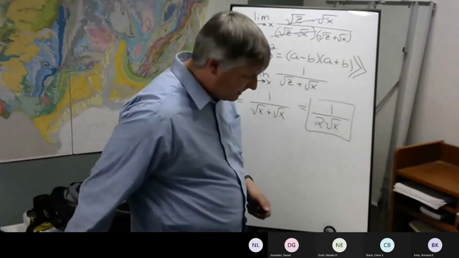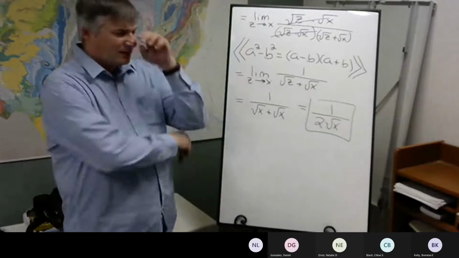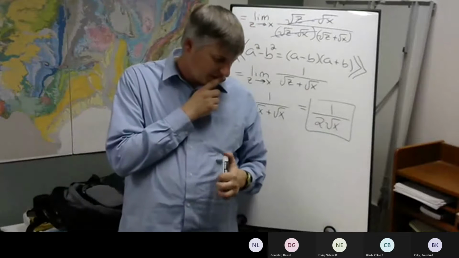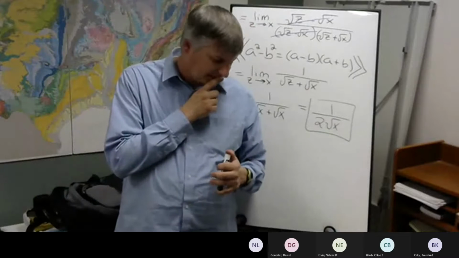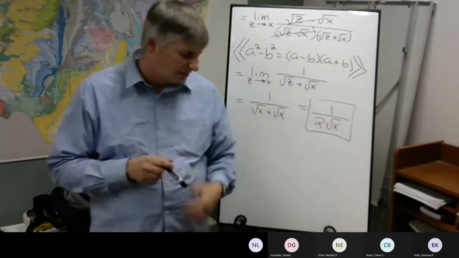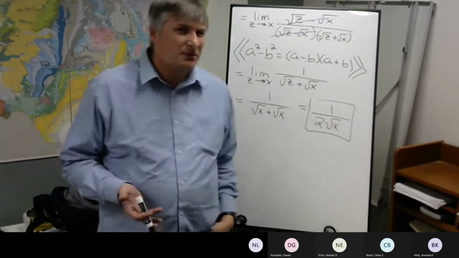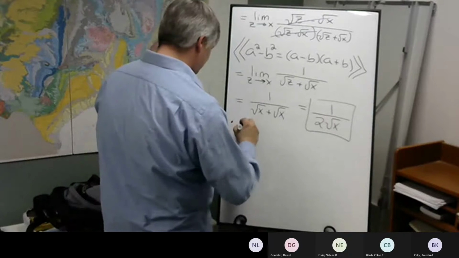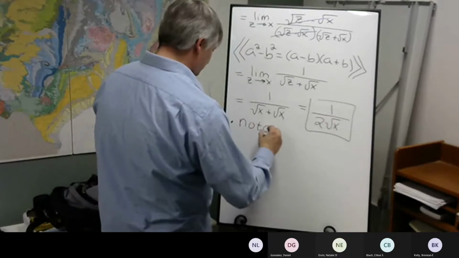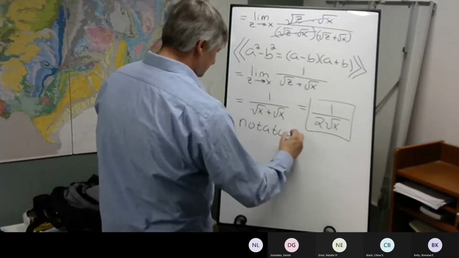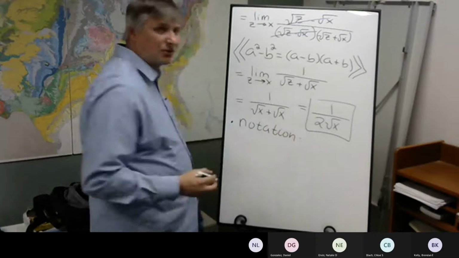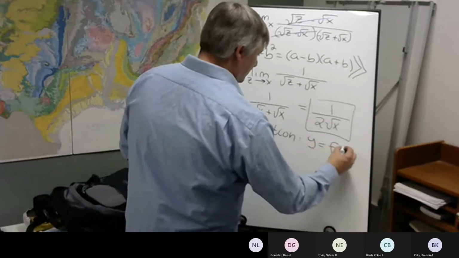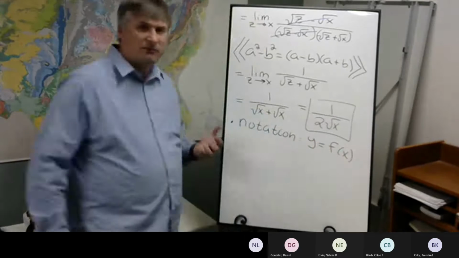So the next thing I want to mention is just notation. This is a big one for derivatives. You're going to get a bunch of different ways to represent derivatives. Let's start out with f of x, or y equals f of x, some function of x.